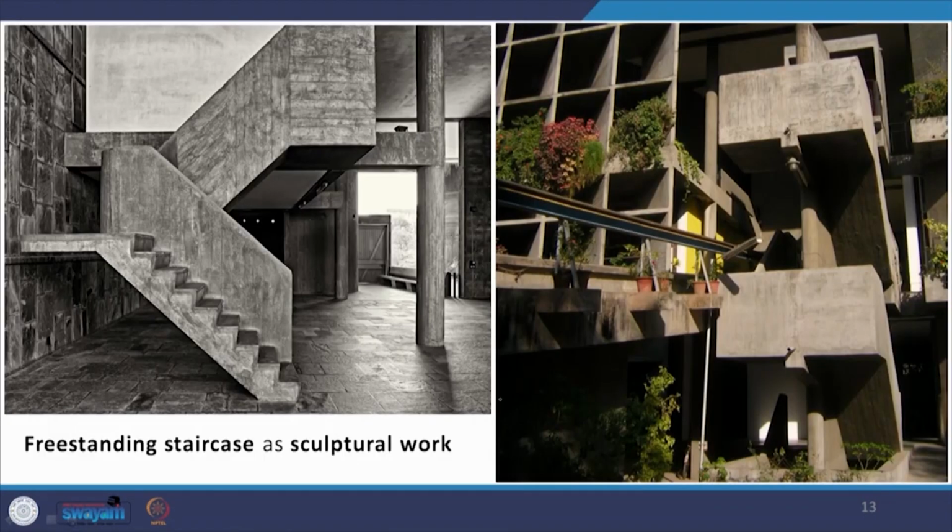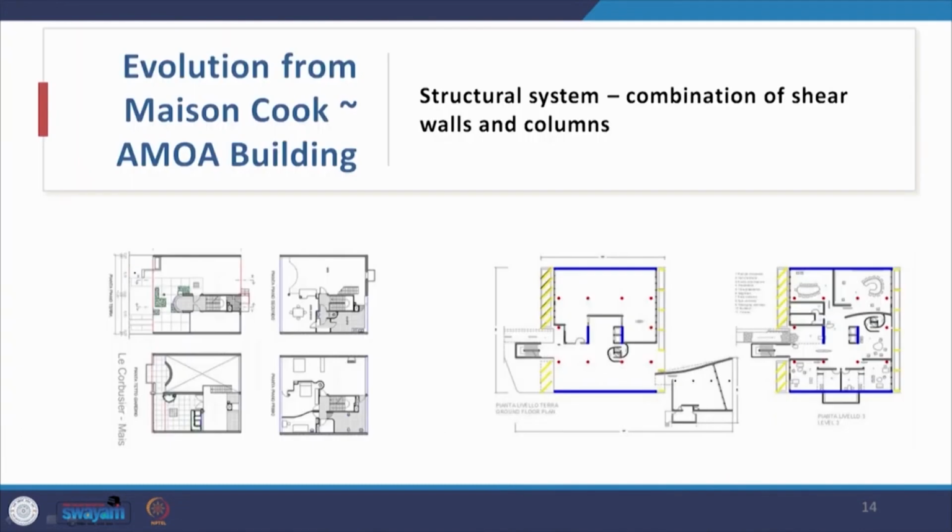Then there is the freestanding staircase as a sculptural element. One is provided on the outside next to the ramp, and then there is one within the building. Very clearly you can see the impact of the béton brut. The structural system, a combination of shear walls and columns, as I told you, what you find in Maison Cook, reappears here in the Ahmedabad Mill Owners Association building.